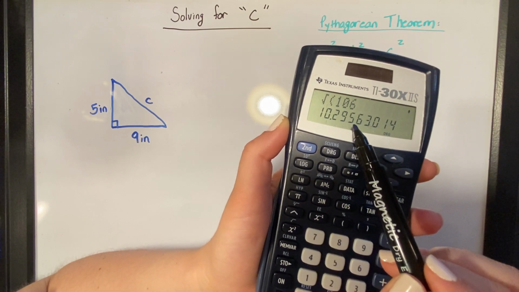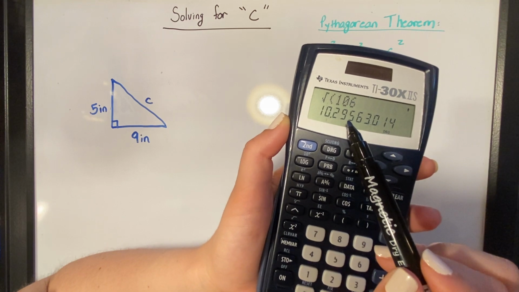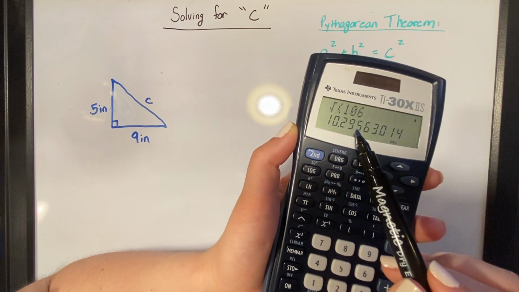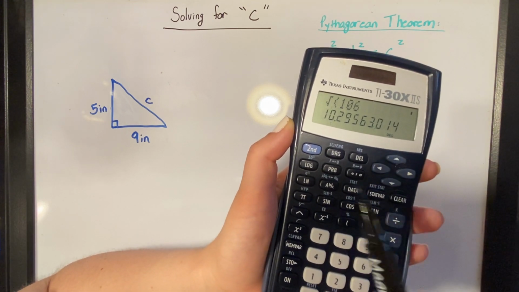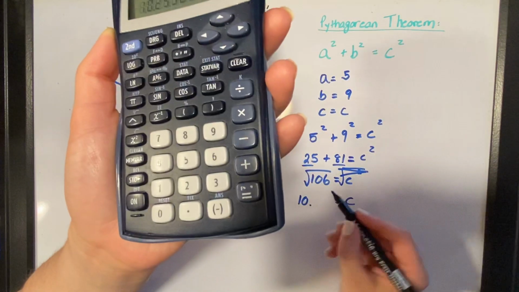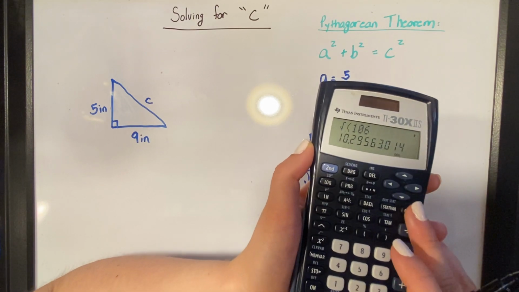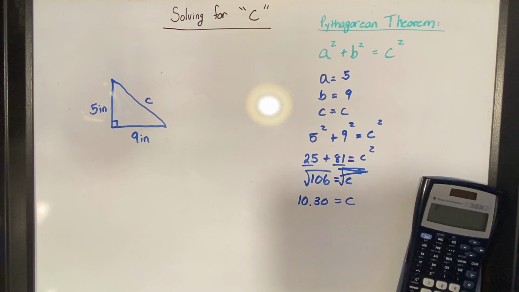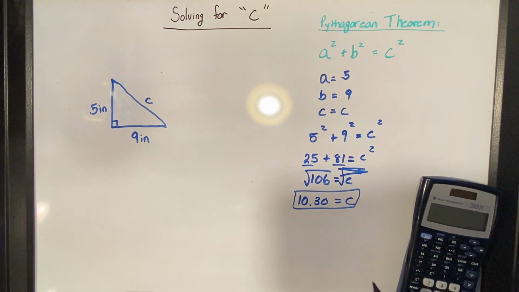That 5 is going to bump that 9 higher, and that 9 can't get any higher, so we need to bump this 2 to a 3. With the rules of rounding, this number ends up being 10.30. You can always watch Khan Academy videos or any video on YouTube to help you with the rules of rounding. But there we found C.